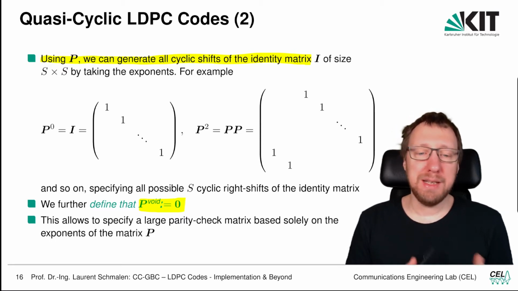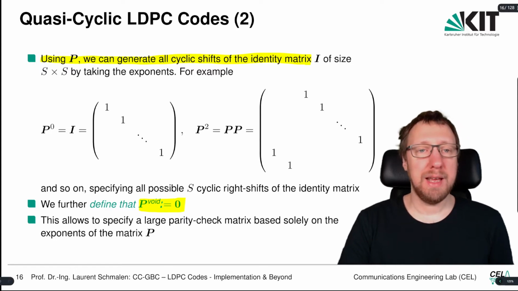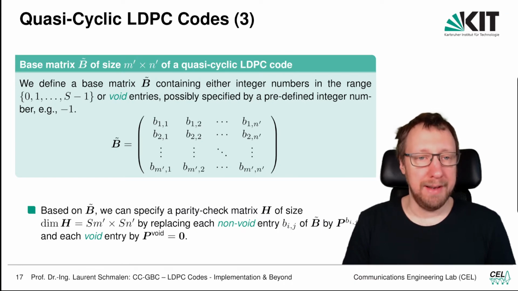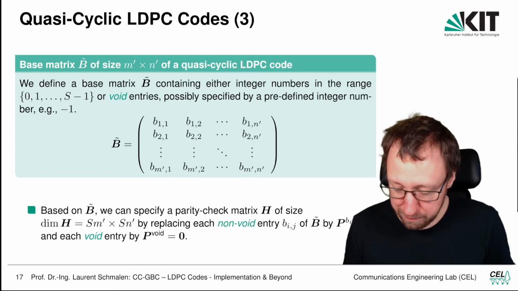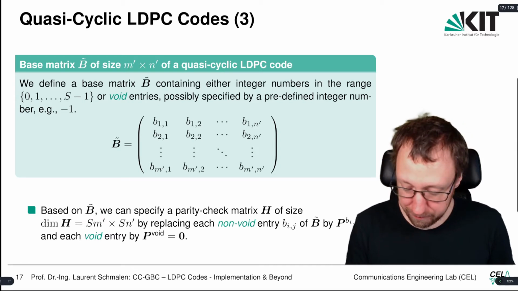Now we can specify a parity check matrix based on the exponents of the matrix P. Let's take a look at an example. We define a base matrix B tilde of size m prime times n prime.